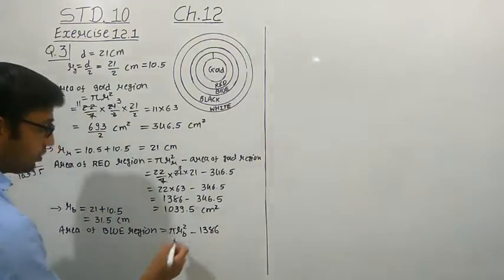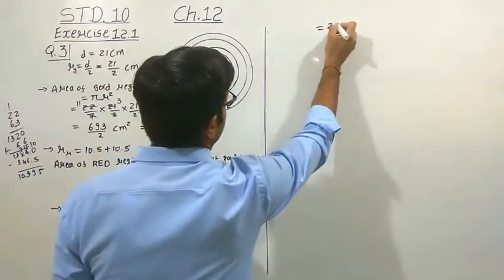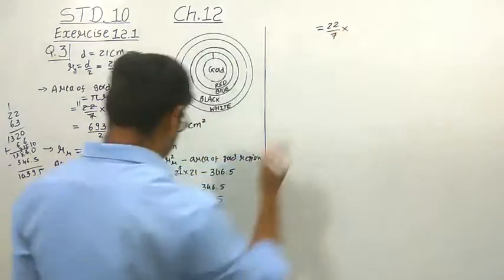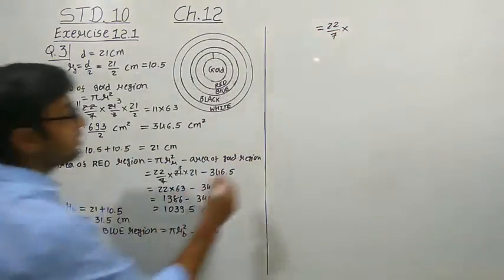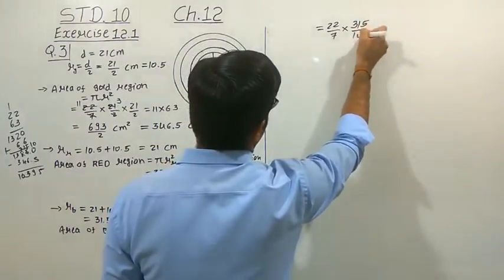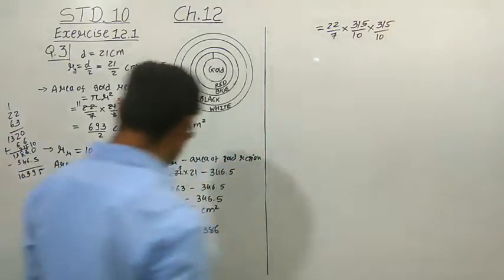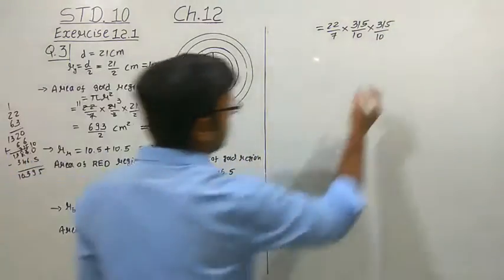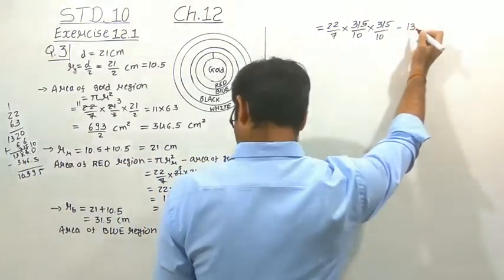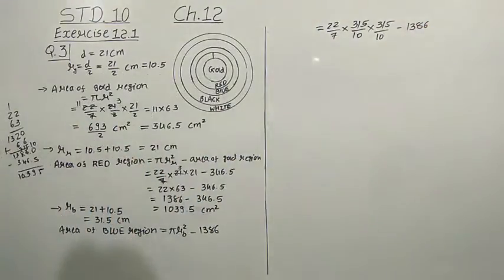So let us calculate here now. Pi is 22 upon 7. The radius of this blue region is 31.5, so we take 315 upon 10 into 315 upon 10. And now we have to subtract 1386.